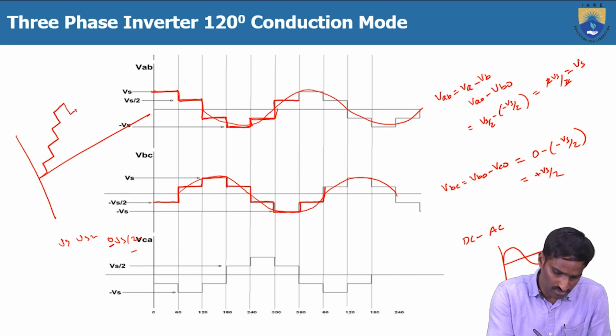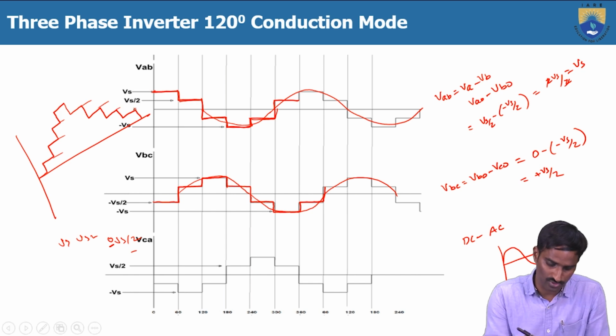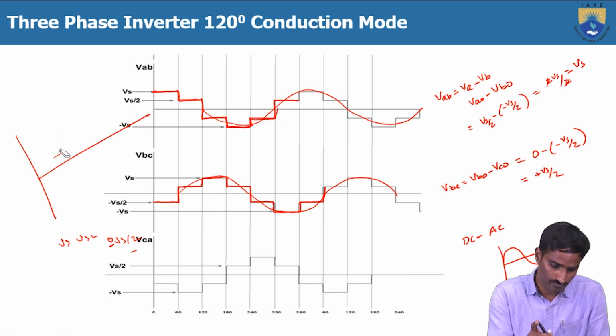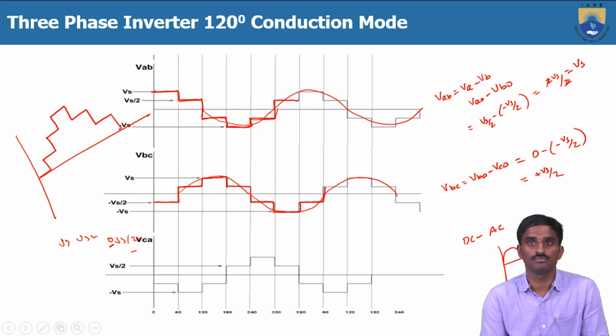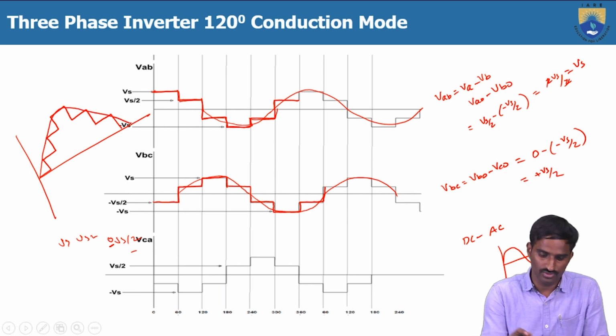The same way here also 1, 2, 3, 4 and 0. Here it is 1, 2, 3. We will go for only 3. And again 1, 2, and then 3. Which means here it is nearer to the sine wave when compared to this.